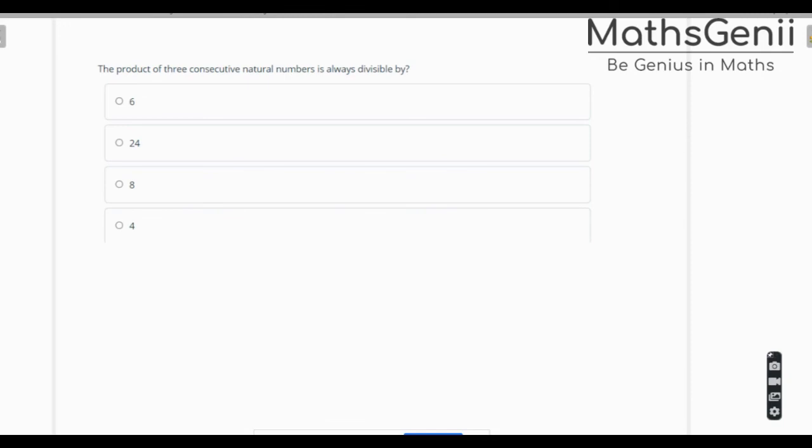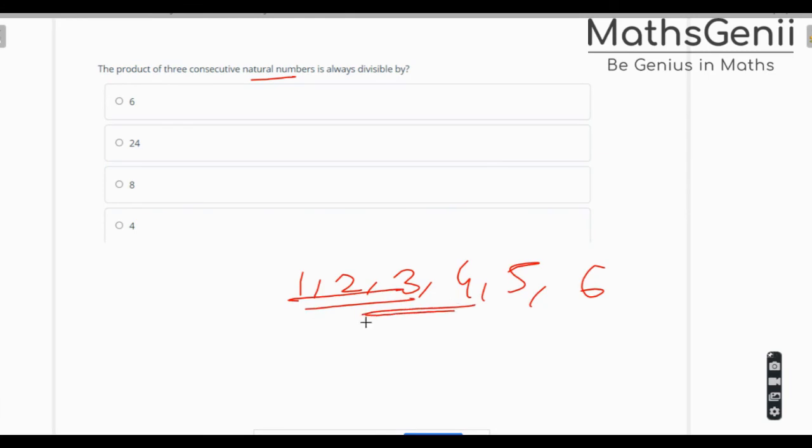Consecutive is one after the other. And natural numbers start from 1. So 1, 2, 3 are consecutive, 2, 3, 4, one after the other. So 1 2s are 2, 2 3s are 6. So 6 is divisible by 6 only.